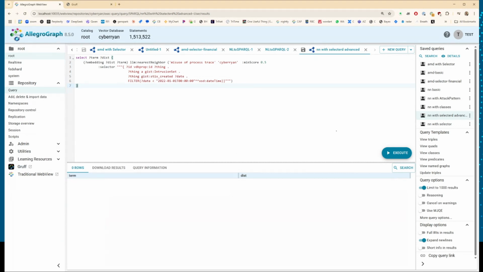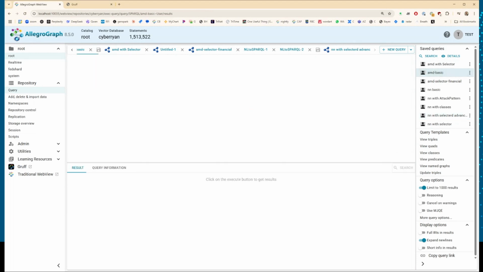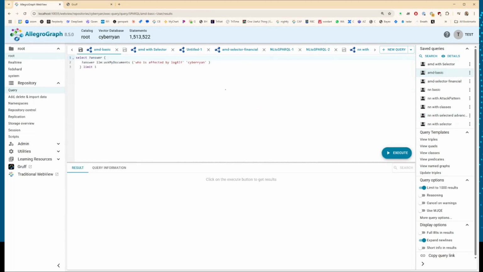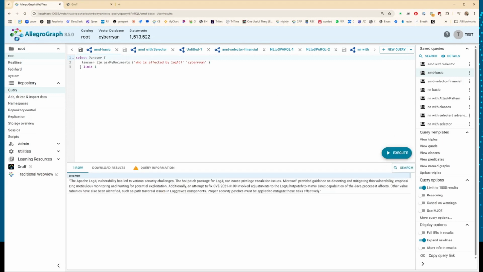And then the next thing we can do is actually ask for answers in our RAG system. So how this works is, what's happening here is we have a magic predicate called ask my documents. You ask your question: who is affected by log4j?